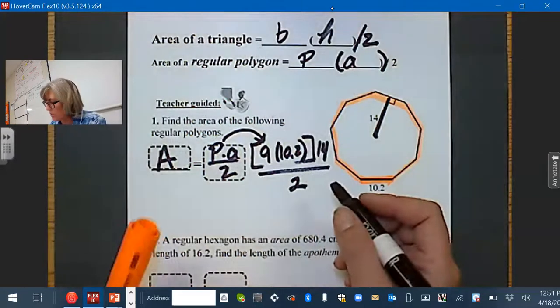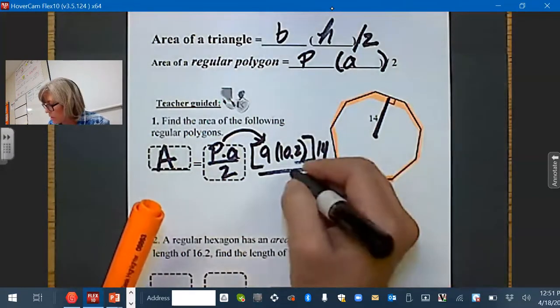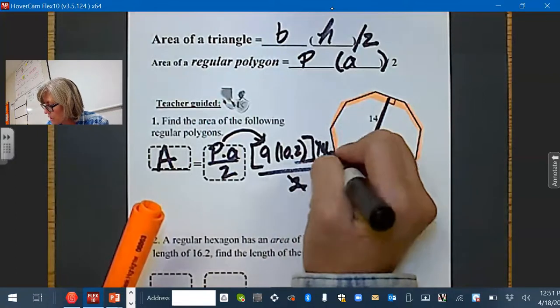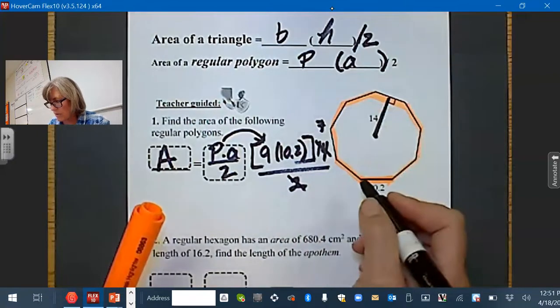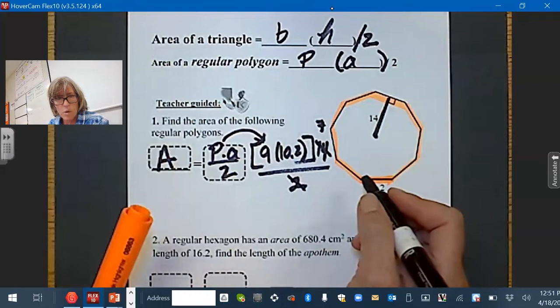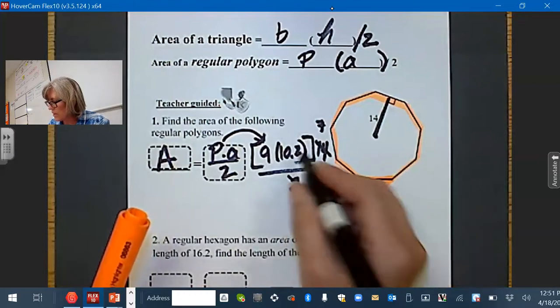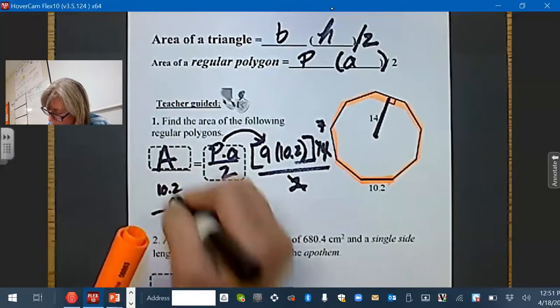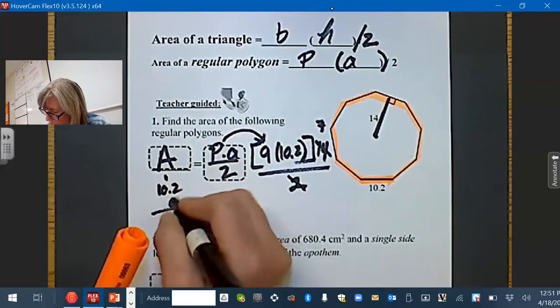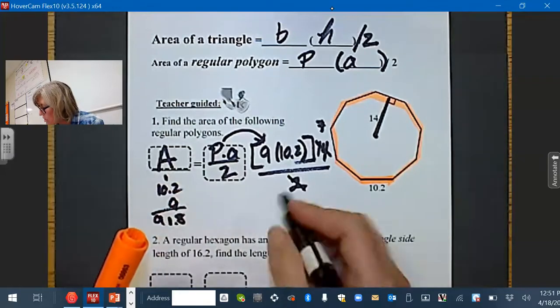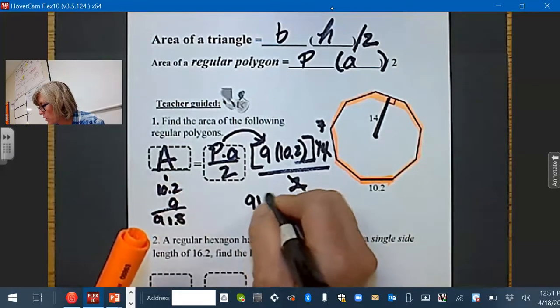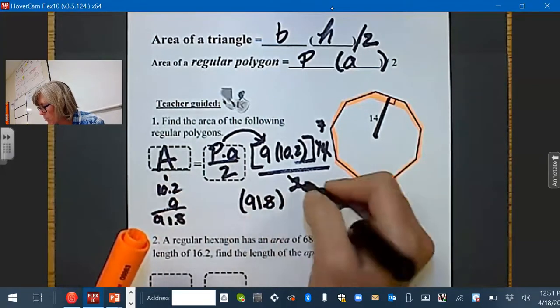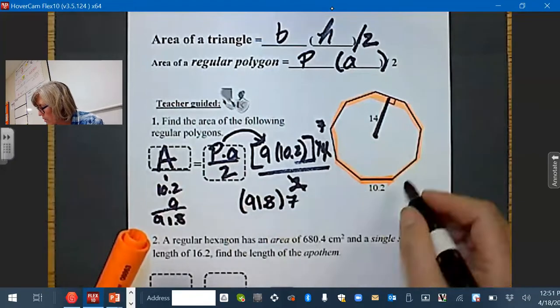I'm going to reduce to make this easier to work with. Without a calculator, I'm going to take the 2 into the 14 and make that 7. From the previous, 9 times 10.2, that's 18, carry the 1, that's a 1, and that's a 9. So I have 91.8 is my perimeter times 7.